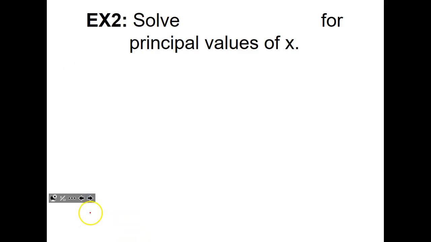All right, let's try our next one here. Okay, so we've got sine x cotangent x equals square root of 3 over 2.